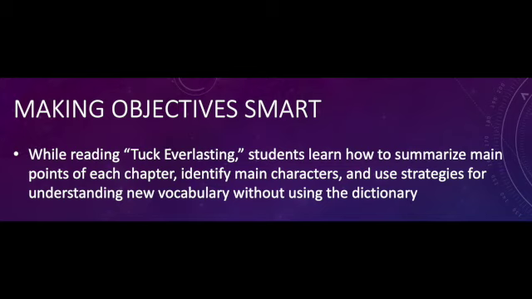Thirdly, while reading Tuck Everlasting, students learn how to summarize main points of each chapter, identifying main characters, and use strategies for understanding new vocabulary without using the dictionary. Yep, we have a specific book, and we have measurable and appropriate items. So that's a clear objective.